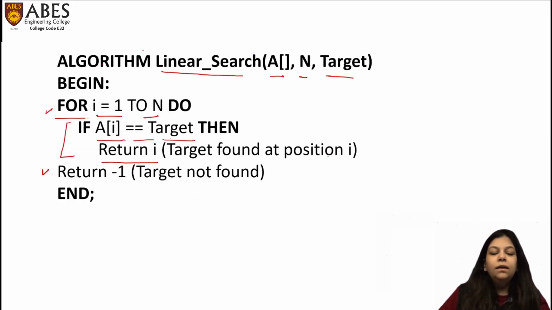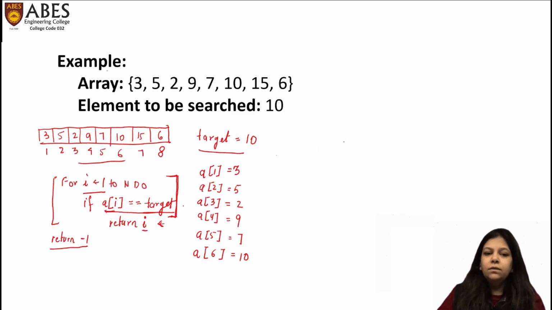Now, let us see the time and space complexity for this algorithm of linear search. Suppose we are searching for an element which is present at the very first block of the array, at the very first position in the array. So in that case, what will happen?